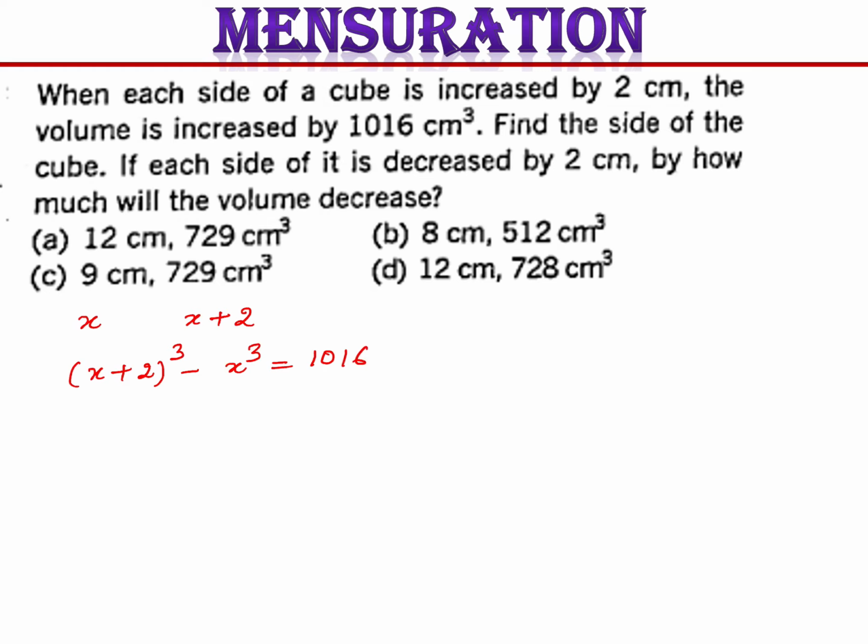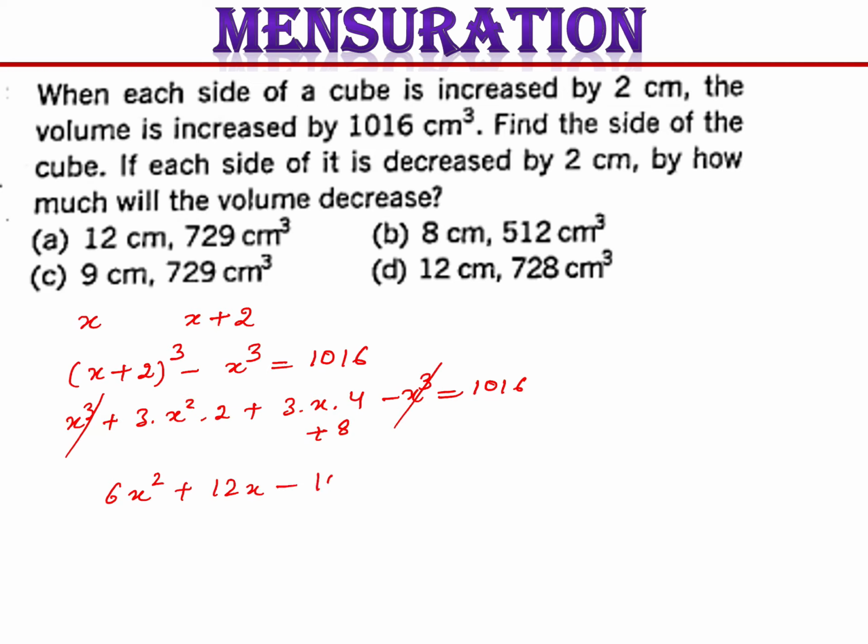Right? So finally what you get here: x cube plus 3 into x square into 2 plus 3 into x into 4 plus 8 minus x cube is equal to 1016. Sorry, I forgot the 8. So this x cube gets cancelled. So 6x square plus 12x plus 8. Bring 1016 on the left hand side and subtract 8 from that, I get 1008.